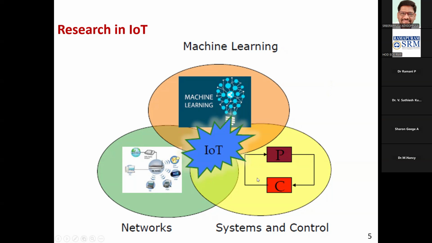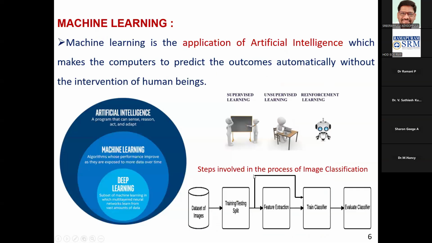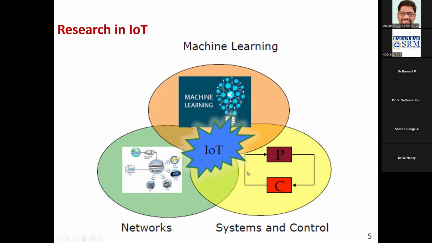And since the nodes are going to acquire the data in a large number, huge data is going to be acquired, and we can do a lot of cloud computing. We can incorporate machine learning algorithms, and we can make the node much smarter in nature. So machine learning also can be utilized.